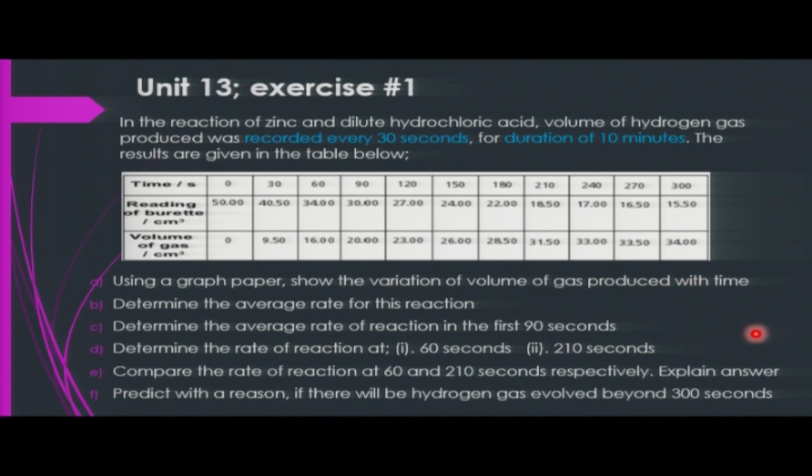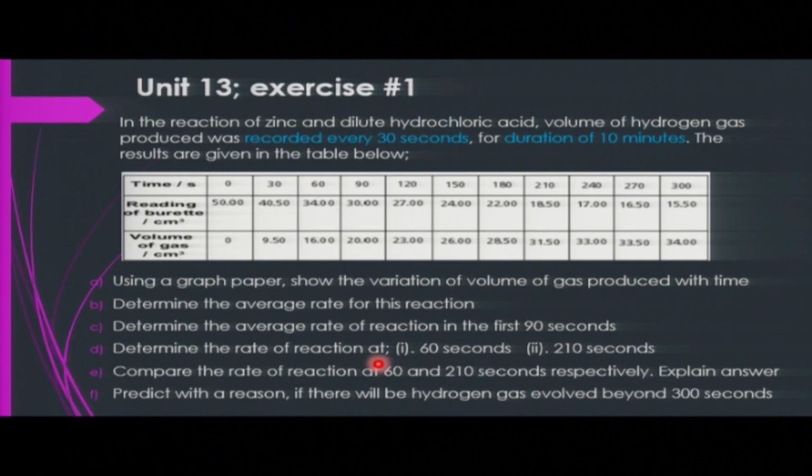So you will meet a few questions. They are really almost similar but totally different. Like this says, determine the average rate for the reaction. Part C, determine the average rate for the reaction in the first 90 seconds. This is for the whole experimentation time. This is for 90 seconds.